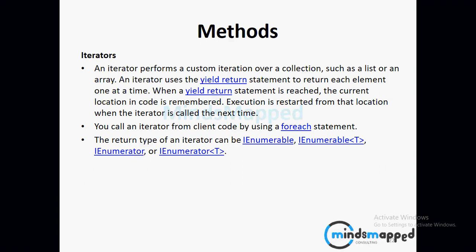You can call an iterator from client code by using a foreach statement. The return type of an iterator can be IEnumerable, IEnumerable<T>, IEnumerator, or IEnumerator<T>. The yield keyword works with a foreach loop. Last time we used an array with a foreach loop, and along with that we can use the yield keyword also.